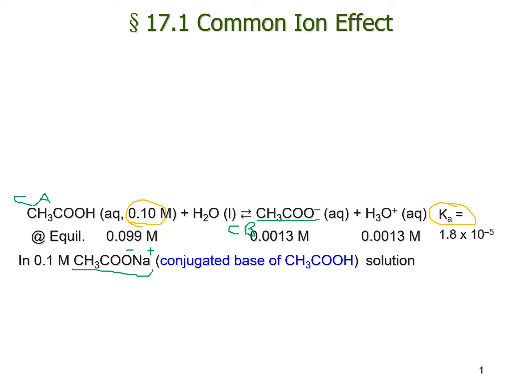Once we realize this, things are going to change quite a bit, because this equilibrium has been put into another solution, and this solution contains a certain concentration of one of the anion or cation, as we'll see in our example.